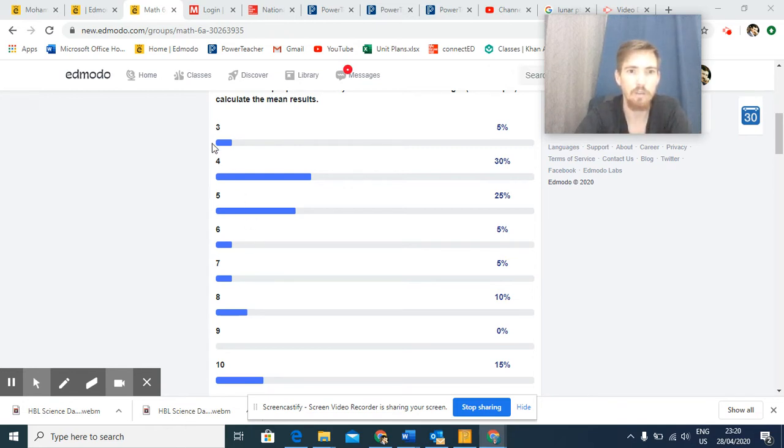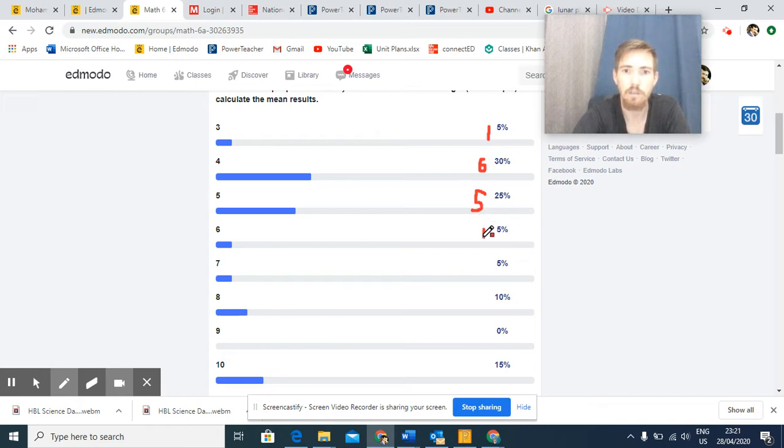All right, so we have one vote here. Basically you can just divide each of these percents by 5, and that's going to give you the number of votes. I've never done this before, but let's try this. So this would be 1. 30 divided by 5 is going to be 6 votes. 25 divided by 5 is going to be 5 votes.